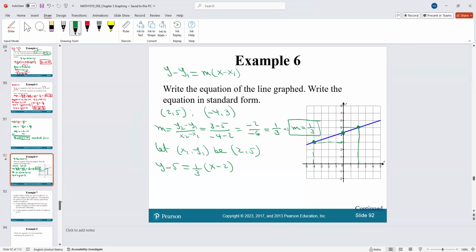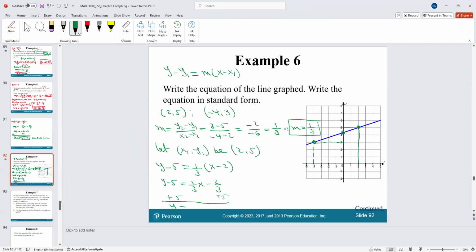No negative sign to distribute anything. So what we would do is distribute 1/3 of x minus 2/3. I need to add 5 to both sides because I need only y on one side.